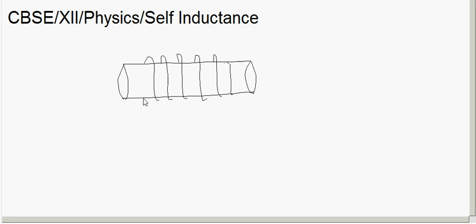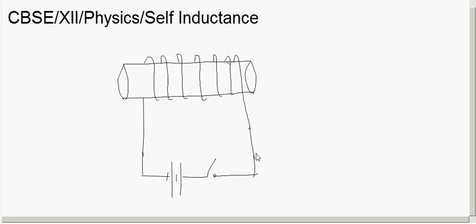A current is passed through this coil, so that this coil actually acts as an electromagnet. Let me say I am connecting a battery through a switch.